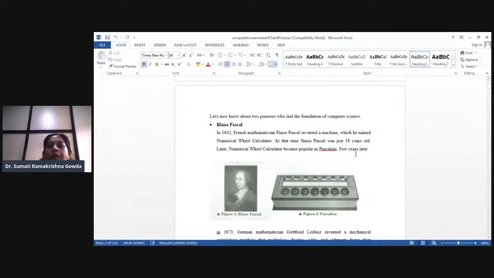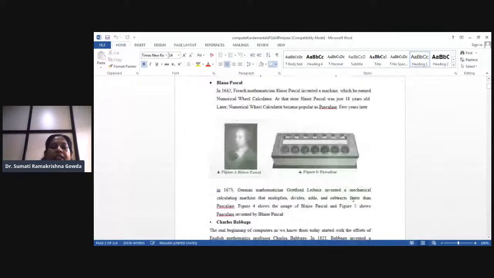At that time, Blaise Pascal was just 18 years old. Later, the numerical wheel calculator became popular as the Pascaline because this computer was named after him. Few years later, in 1673, German mathematician Gottfried Leibniz invented a mechanical calculating machine that multiplies, divides, adds, and subtracts faster than the Pascaline.